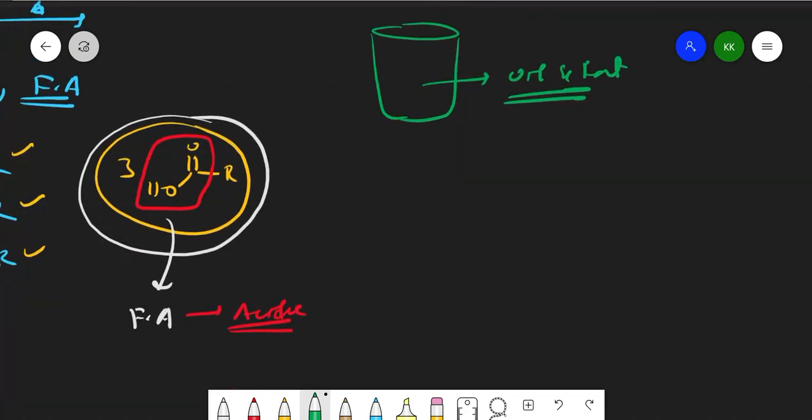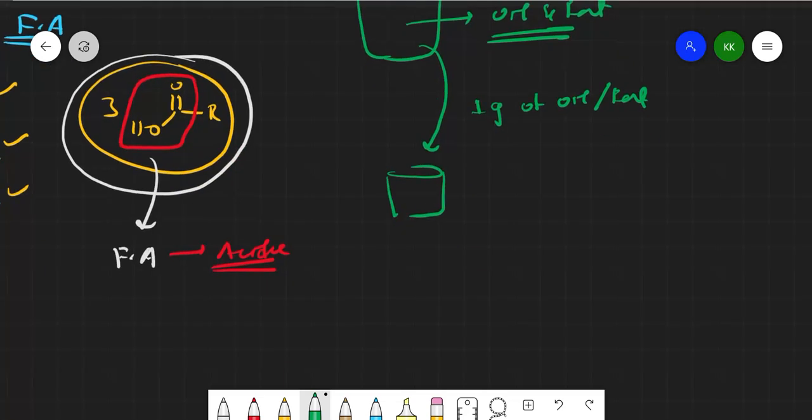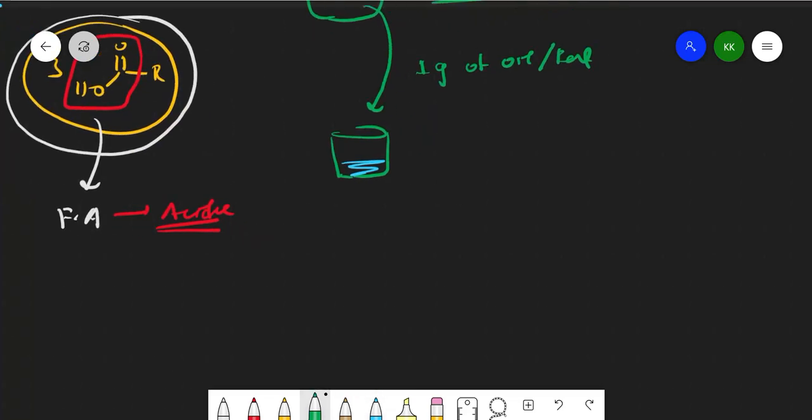What I will do is take a container like this. To that I will take only 1 gram of oil or fat, right? So now it contains only 1 gram of oil or fat. Then to that I will add some milligrams of KOH.